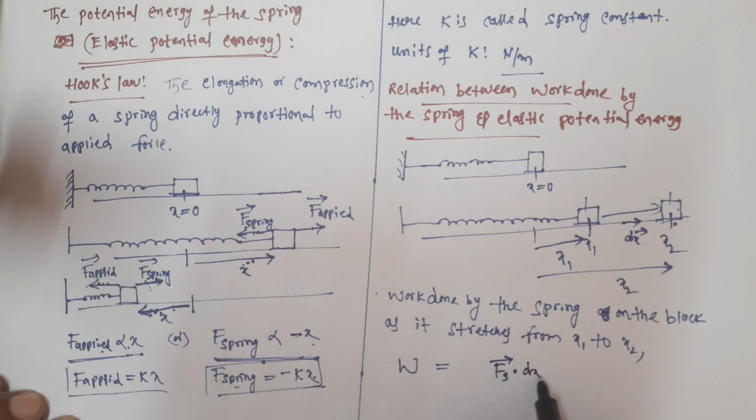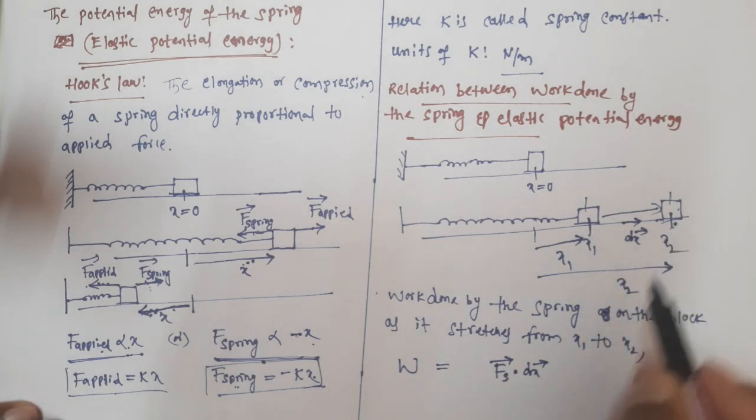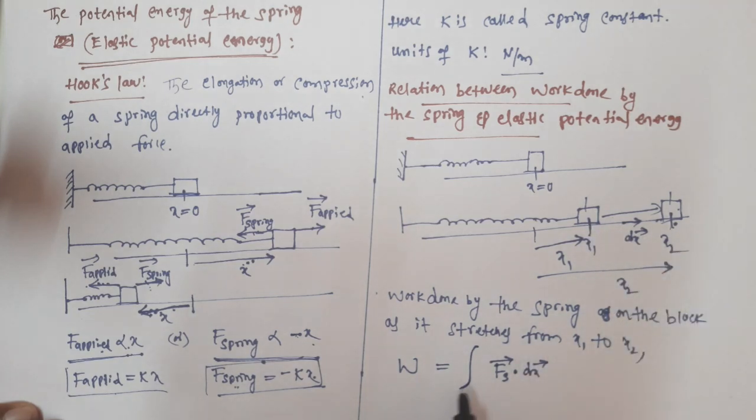So we calculate a small work done, Fs into dx bar. But we want to calculate the whole work done from x1 to x2, so we do integration. The initial value is x1 and the final value is x2.